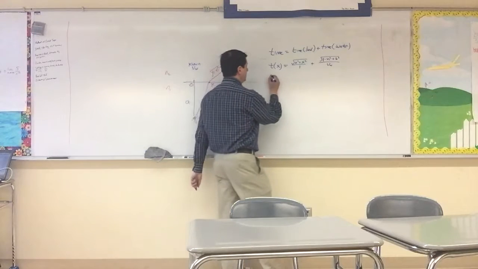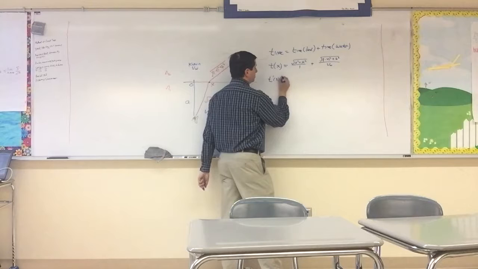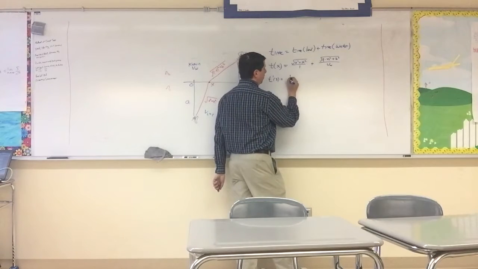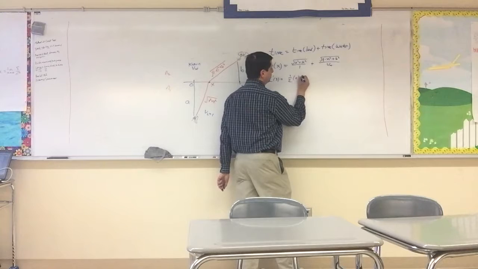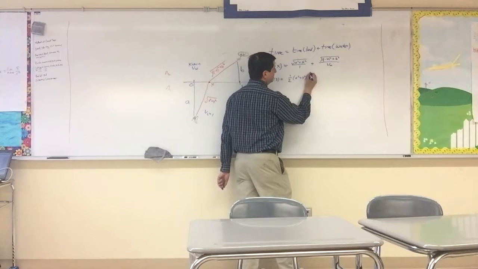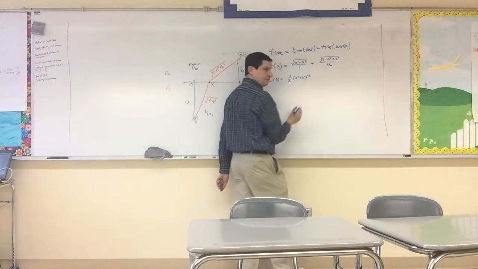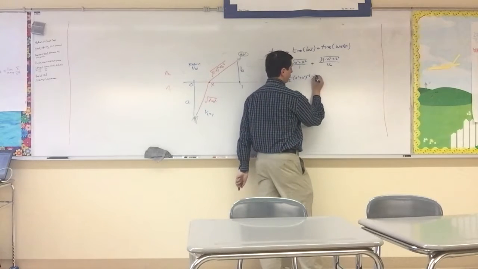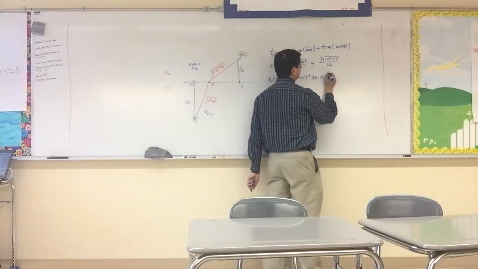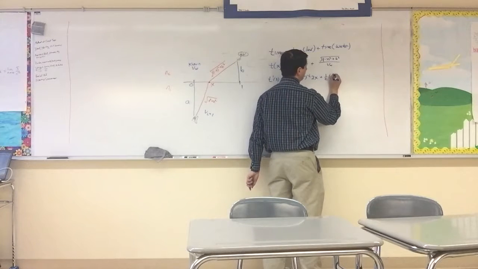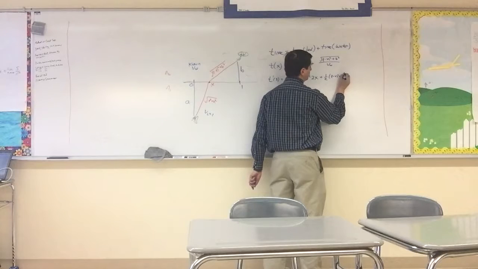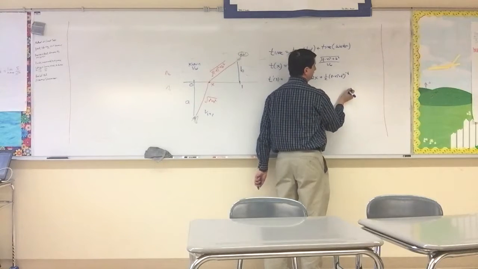And so now we get t prime of x. Now we get the fun of taking the derivative of this. So you'll get 1/2 times (a squared plus x squared) to the negative 1/2, and then the derivative of the inside will be 2x. Plus, now we'll have 1/2 times ((1 minus x) squared plus b squared) to the negative 1/2.